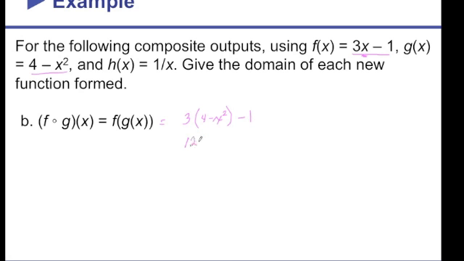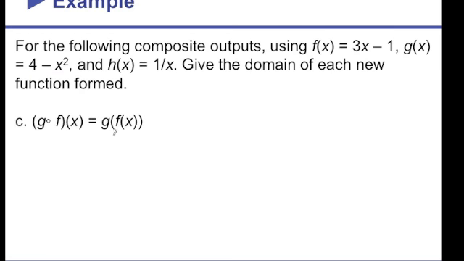Simplifying this, 12 minus 3x squared minus 1, or negative 3x squared plus 11. This is f of g of x. The domain, well, the domain for a quadratic function is all real numbers. So that was fairly easy.